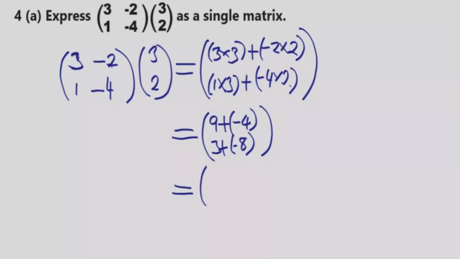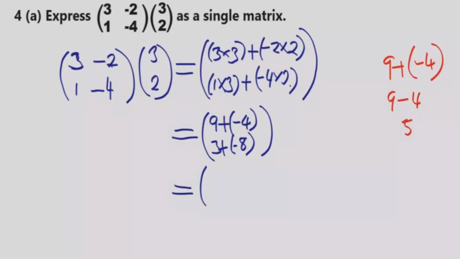So what we can do is open a bracket, like this. Look at the right side of the screen where I'm going to write 9 plus -4, close bracket. So we write 9, then positive times -4 will give us -4. So 9 minus 4 will give us 5.